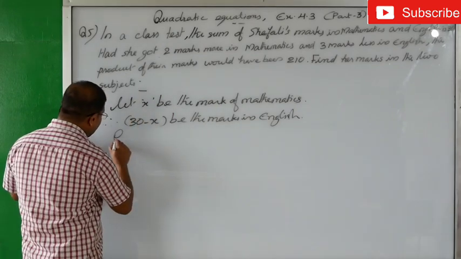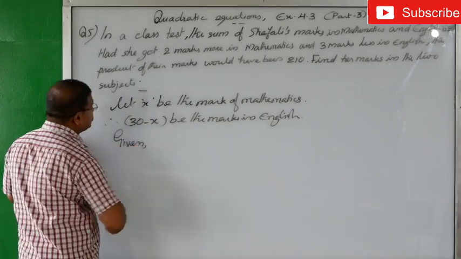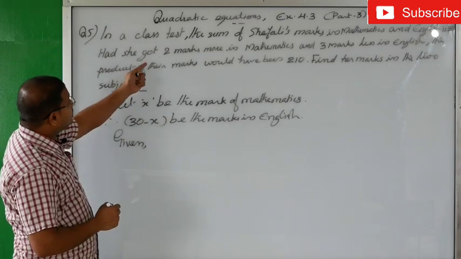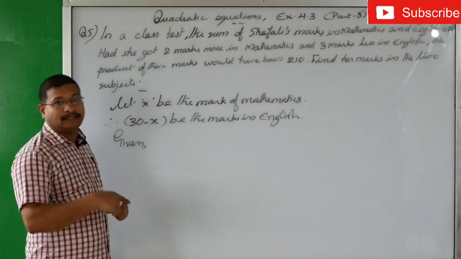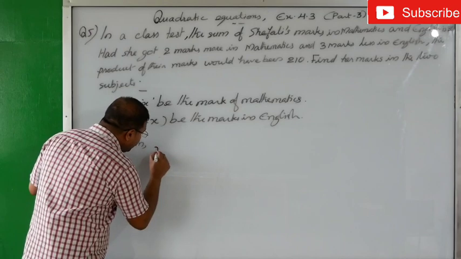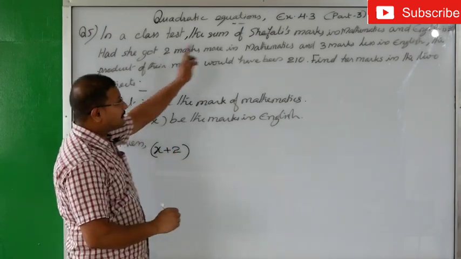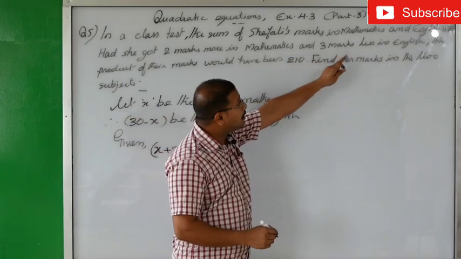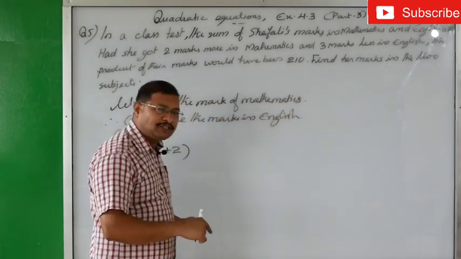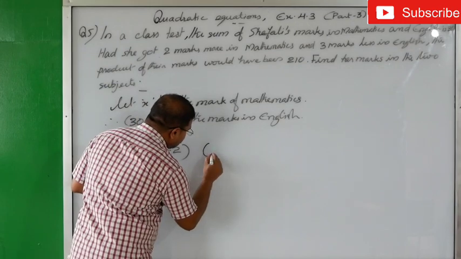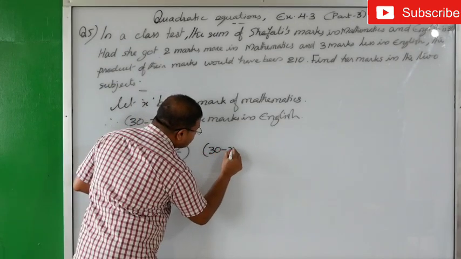But given the condition, what is the condition given in the question? See, if she got 2 marks more in mathematics, 2 marks more means what will do? x plus 2, that is 2 marks more in mathematics and 3 marks less in English. English how much she got? 30 minus x.